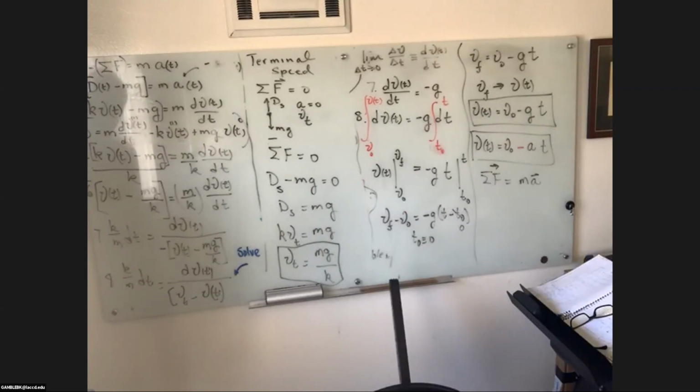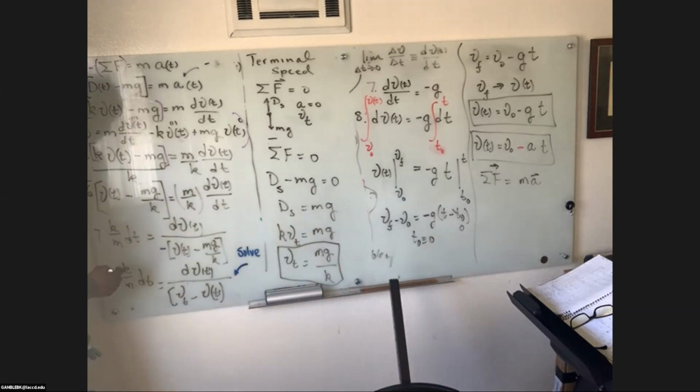You know, I just realized something. Holy crap, I didn't know that. I don't think I ever saw that before. This thing has units of inverse time, 1 over seconds.